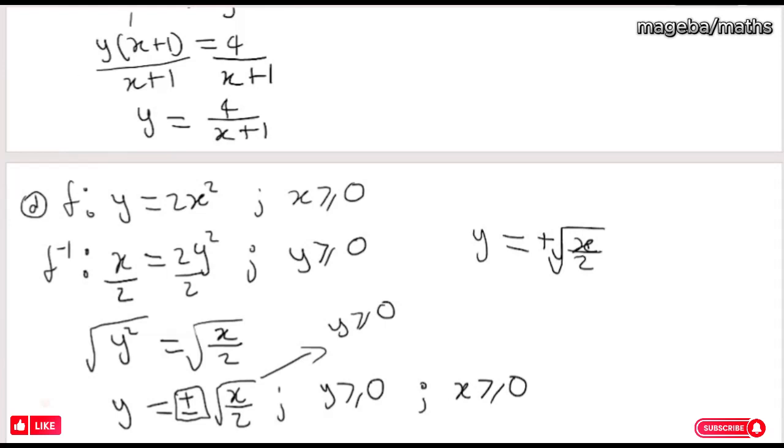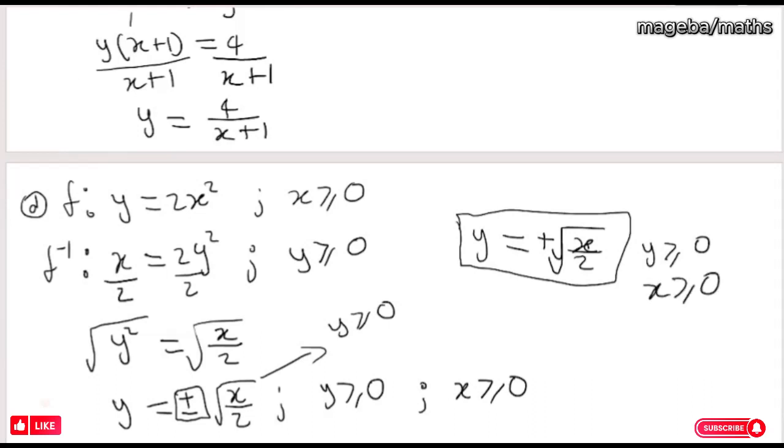And then it's going to say y is greater than or equal to 0, and x must also be greater than or equal to 0. Why? Because I take the positive, because my domain, my limitation, is telling me that y must be greater than or equal to 0. This is how we are going to find our inverse equation.